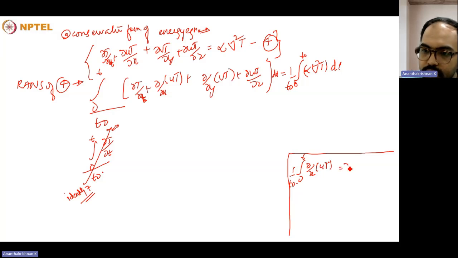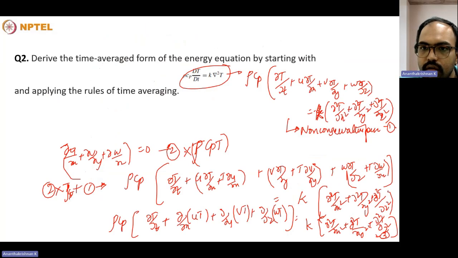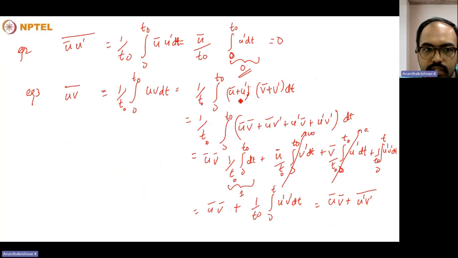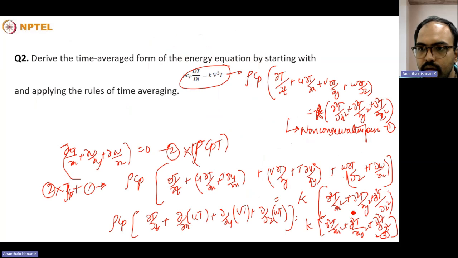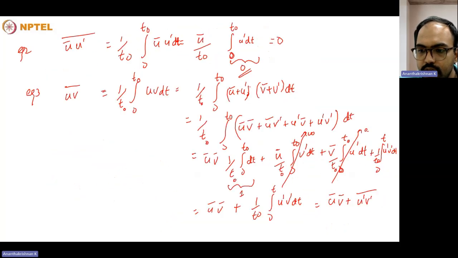Take the ∂/∂x term outside. It's independent because 0 and T0 are constants. And then 1 by T0, 0 to T0, uT dt. So it will be a product, just like the average of UV, it will have two terms, U bar V bar and U dash V dash bar.